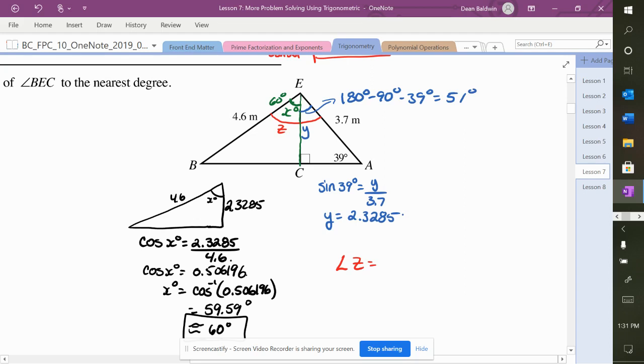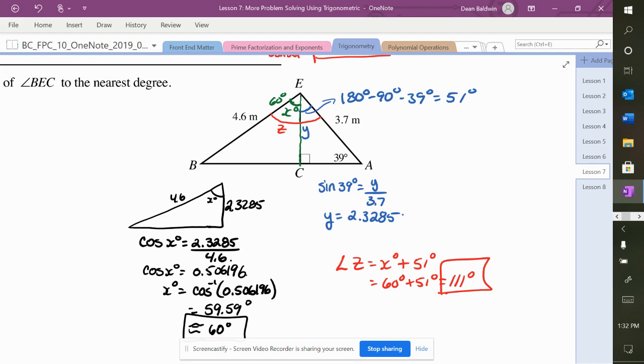So angle Z would be X plus, I'll just say 51. 111 degrees. Is that okay?